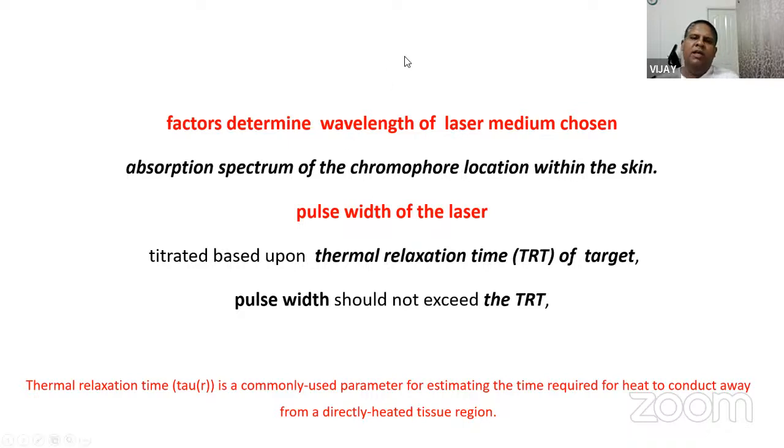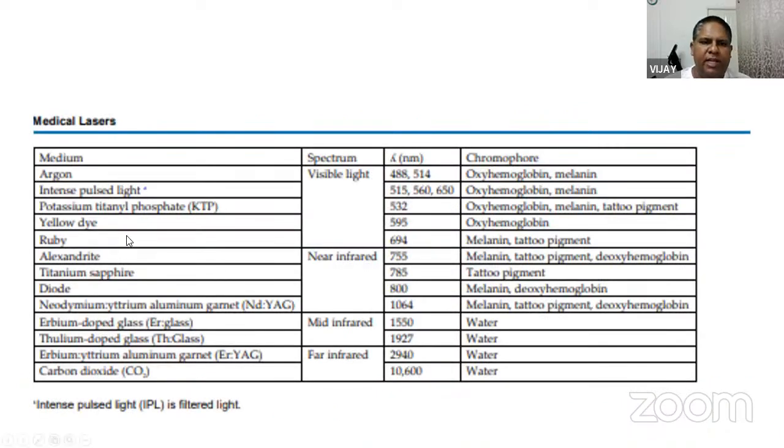The pulse width of the laser usually depends on the thermal relaxation time, which is nothing but the estimated time required for the heat to conduct away from a heated tissue. Here you can see, if you use an argon medium, potassium titanyl phosphate, yellow dye, or a ruby, you get a wavelength of 488, 515 up to 694.